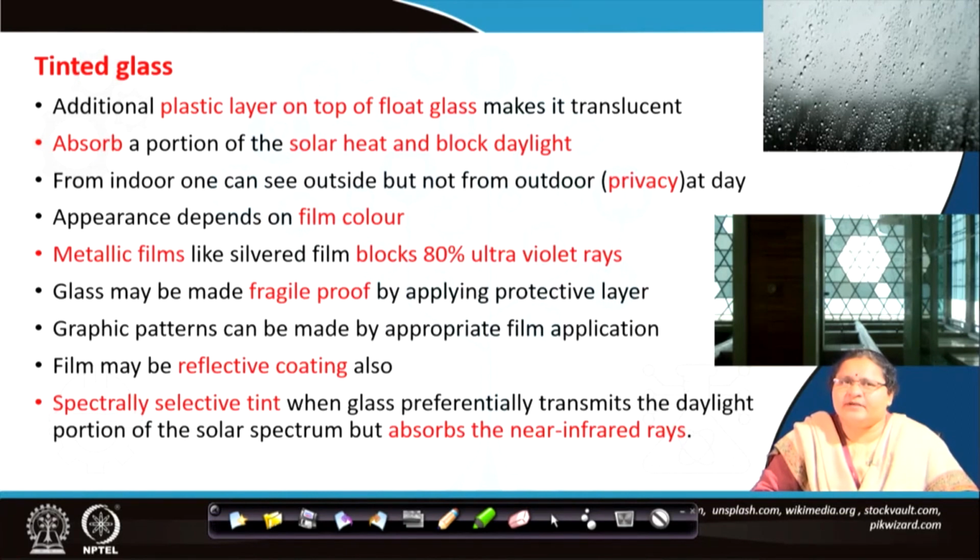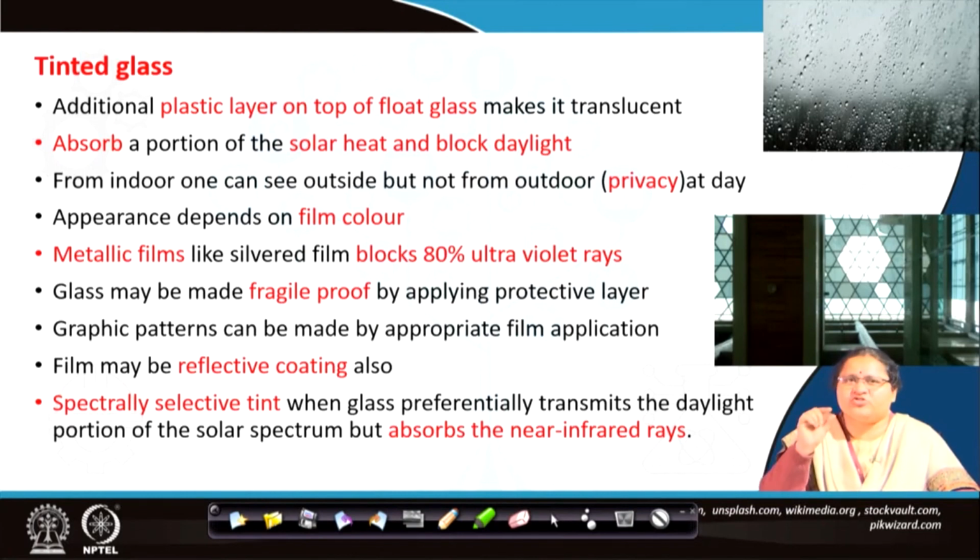Graphic patterns may be developed because you may have a building with a monotonous glass facade. You can create some graphic patterns with different types of tint, and obviously, as I told you, the film may be a reflective coating also. Again, certain sheets are spectrally selective tints.